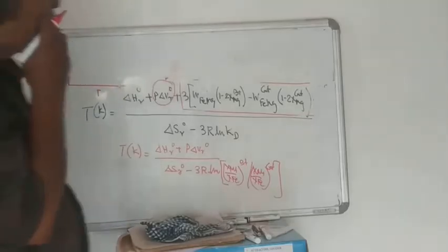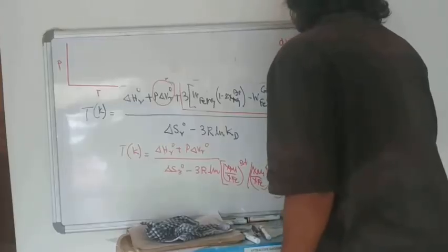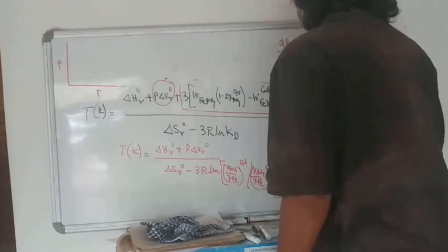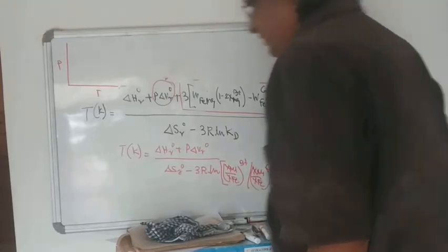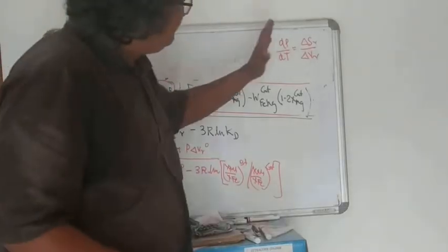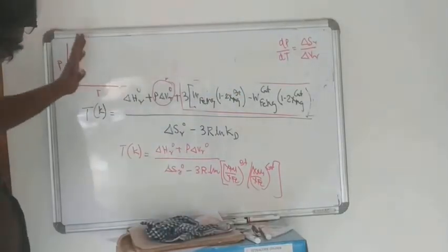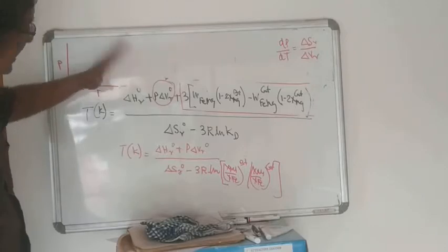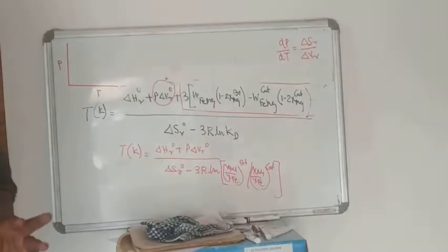You know something called the Clausius-Clapeyron equation: dP by dT is equal to delta SR divided by delta VR. This is called the Clausius-Clapeyron slope. It gives you the slope of a reaction in temperature pressure space.